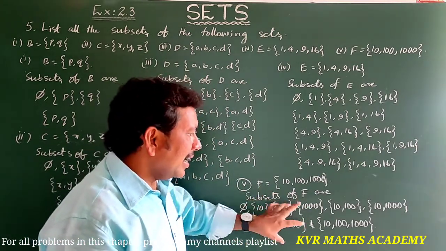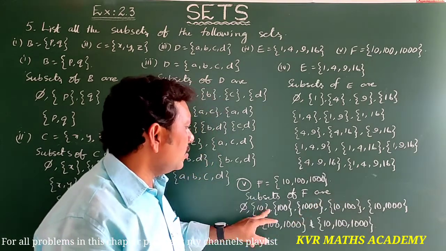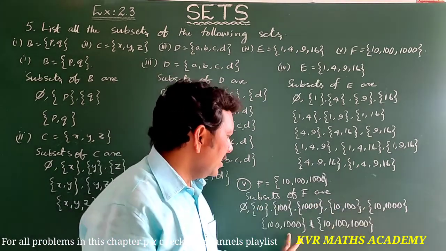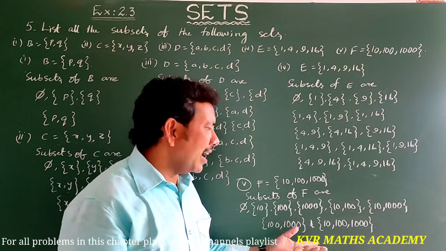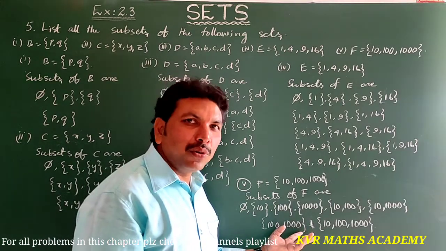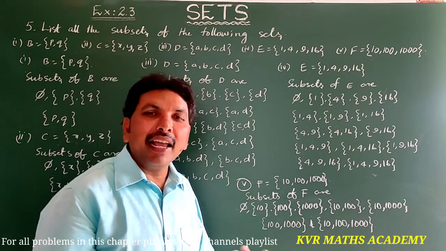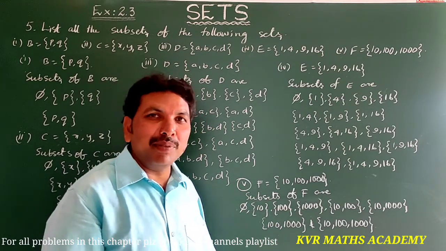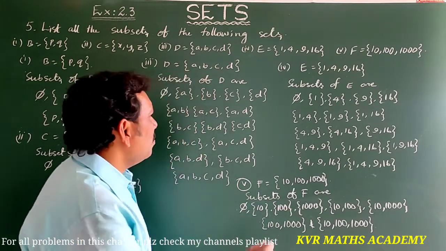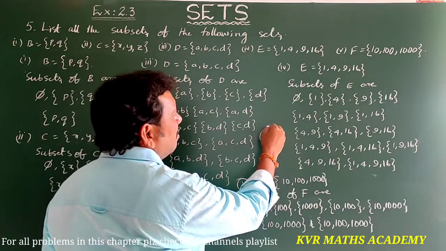Totally 8 subsets should come: 1, 2, 3, 4, 5, 6, 7, 8. Why? Because of 2 cube. If a set has n elements, then the number of subsets of that set is 2 power n.